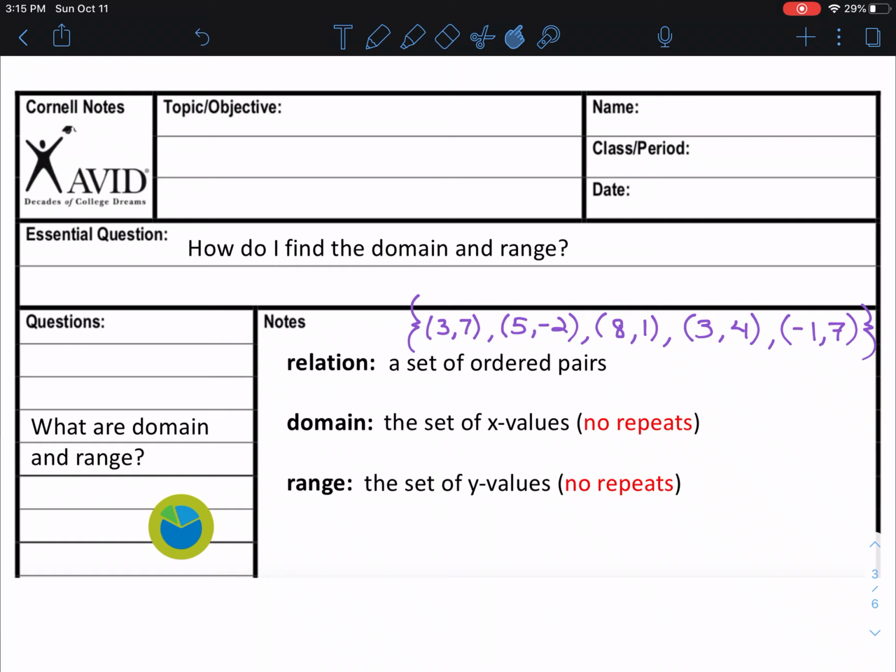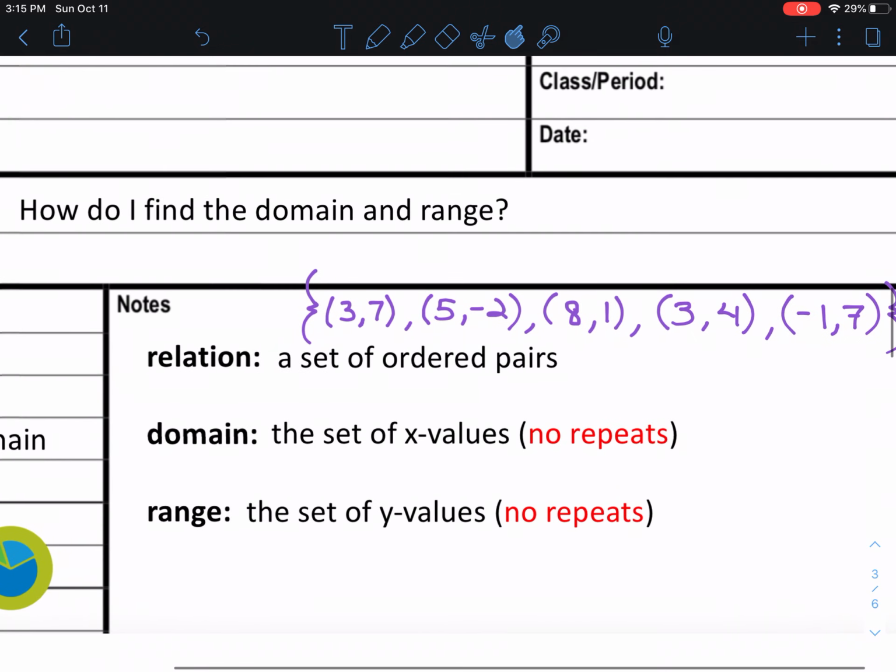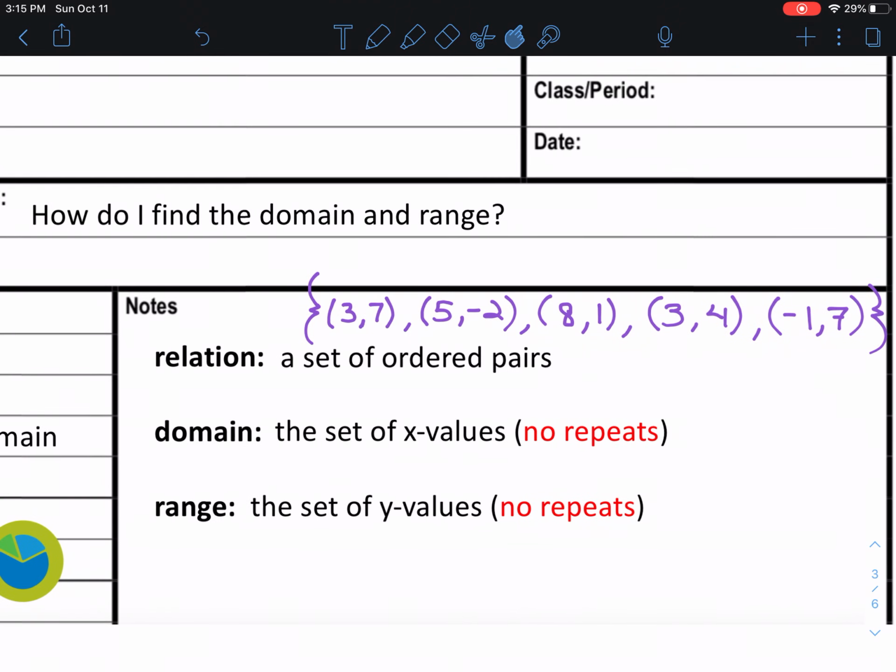What are they first? So first of all, a relation is simply a set of ordered pairs. So we're going to look at this purple set, and this is a relation, this set. And notice when we write these, they have these little weird set brackets on the end. That just means a set of numbers, and we usually put those on the end.